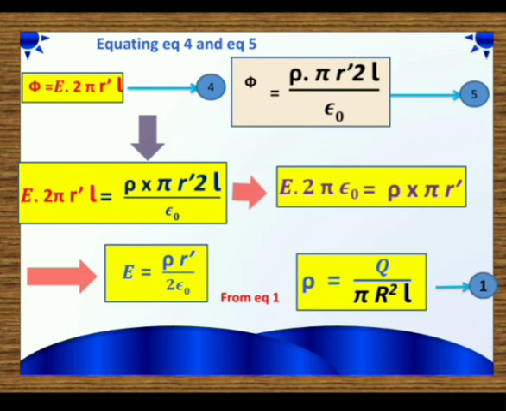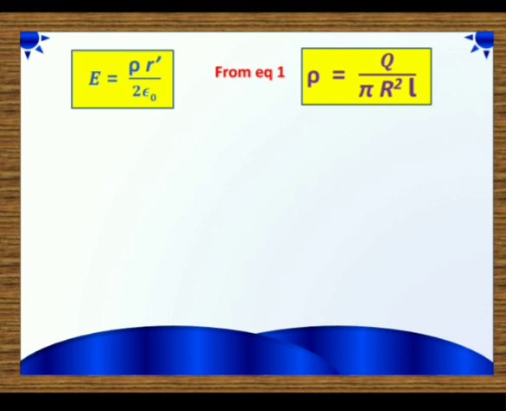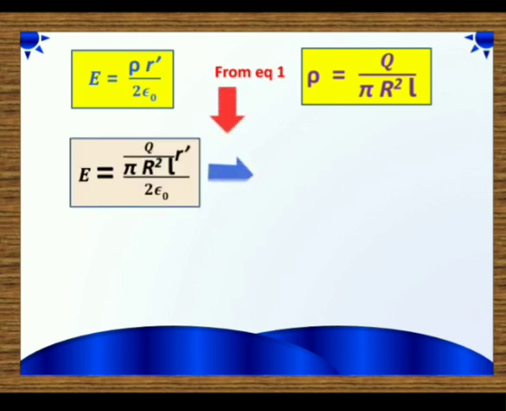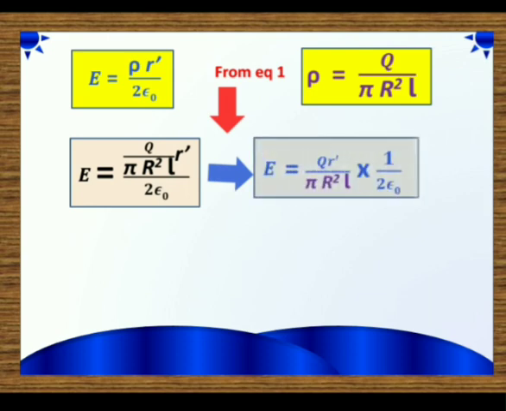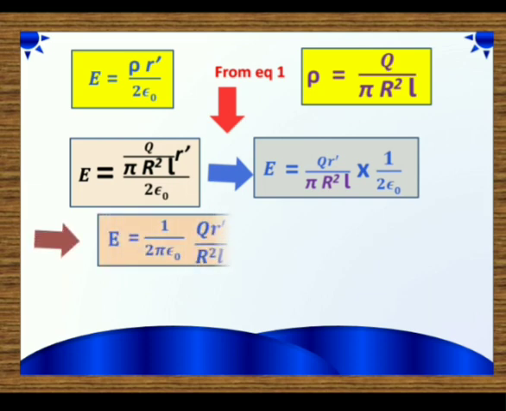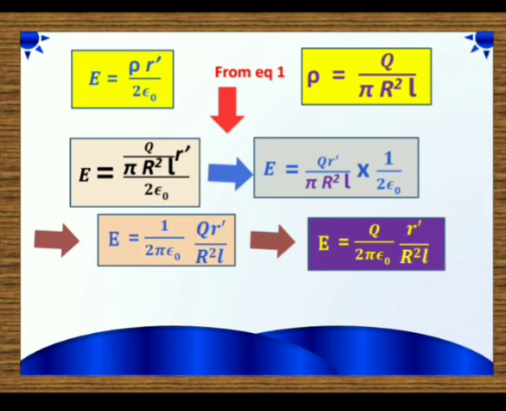From equation 1, q by pi r square L. Substitute that rho value in this equation, then E is equal to q by pi r square L, r prime by 2 epsilon naught. If I simplify more, E is equal to 1 by 2 pi epsilon naught, q r prime by r square L.